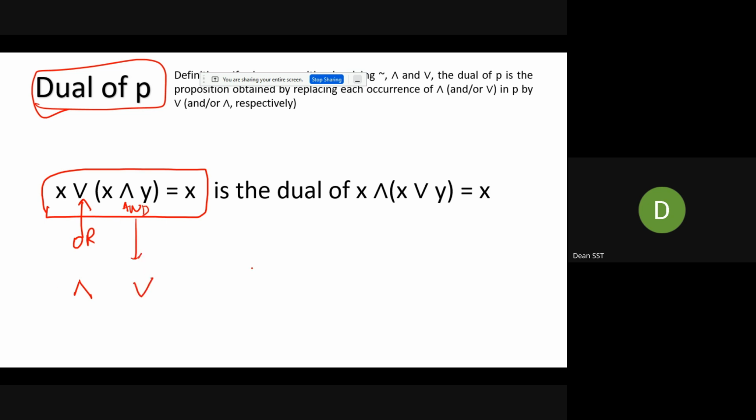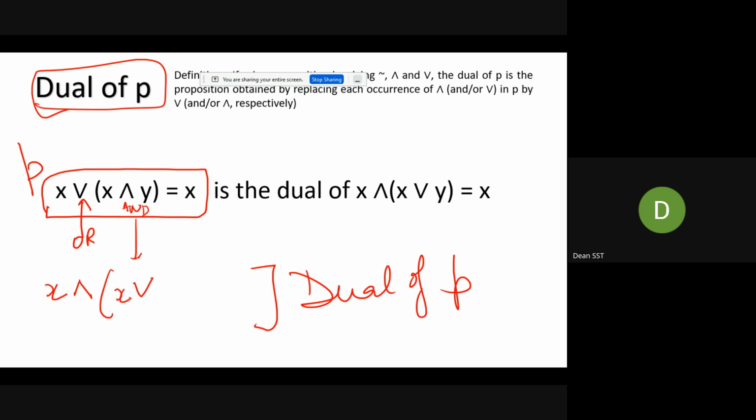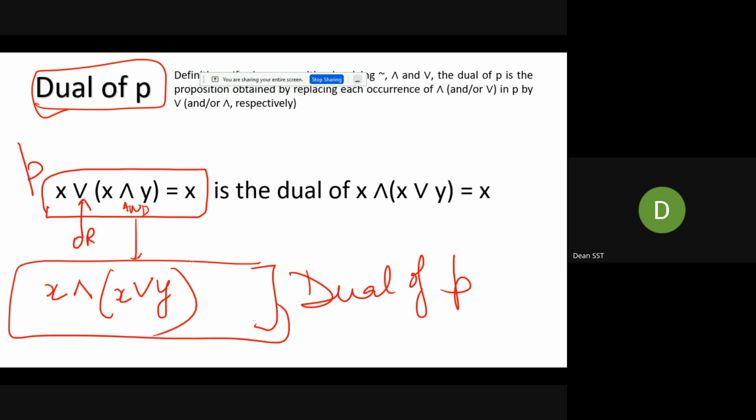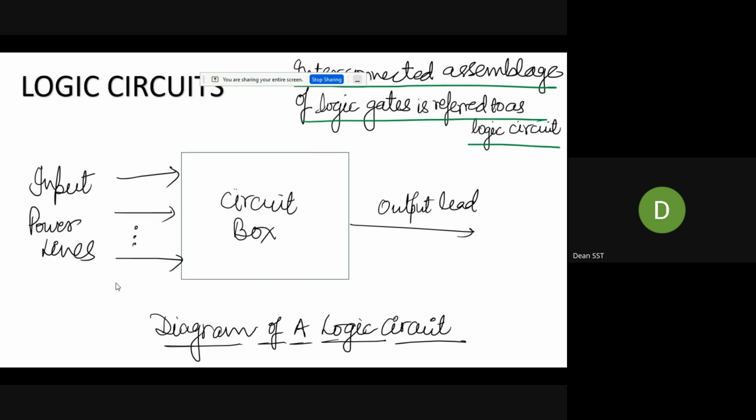So the dual of P will be X and X or Y. You have to reverse the sign. This will be the dual of the proposition. Fine. And where do we implement these? We implement all these things in our logic circuits.